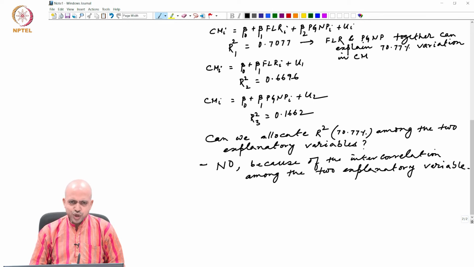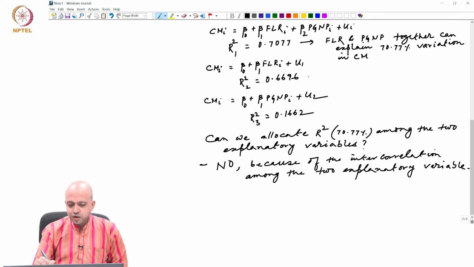But one thing we observe is that compared to the partial models, when we include one more variable in the model, R square is actually increasing. Let us say this is our initial model, CM is the dependent variable and FLR is the independent one, and then R square is 0.6696.